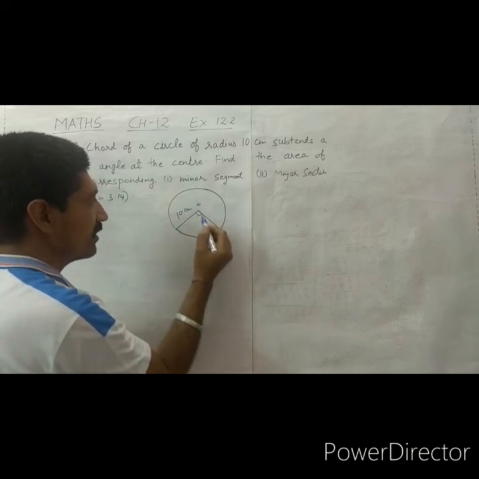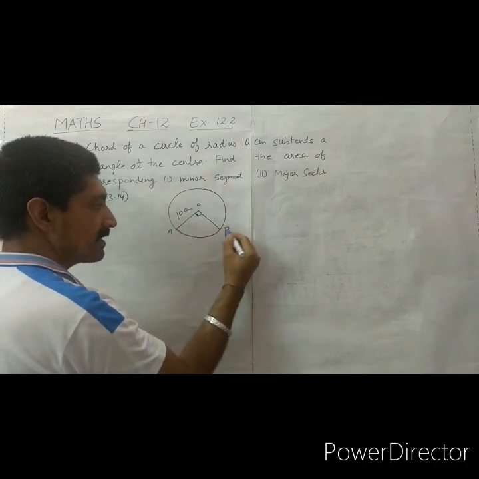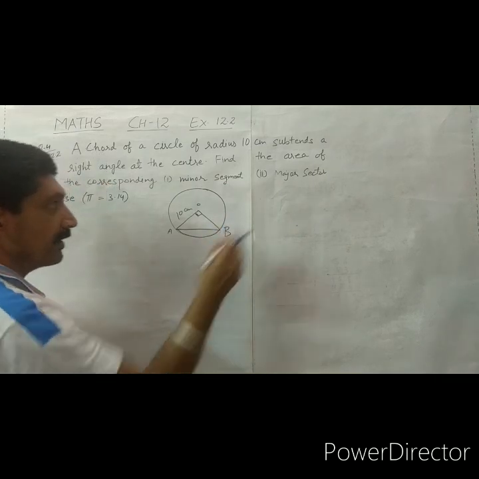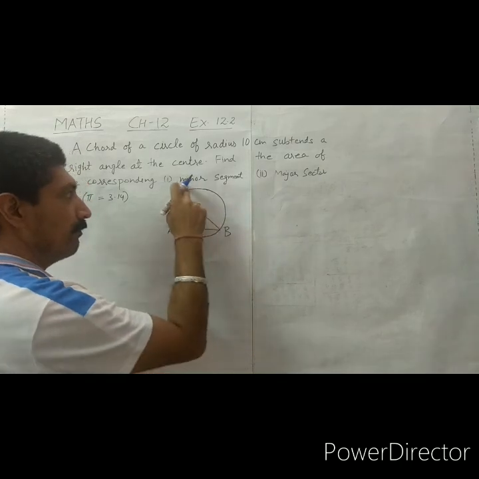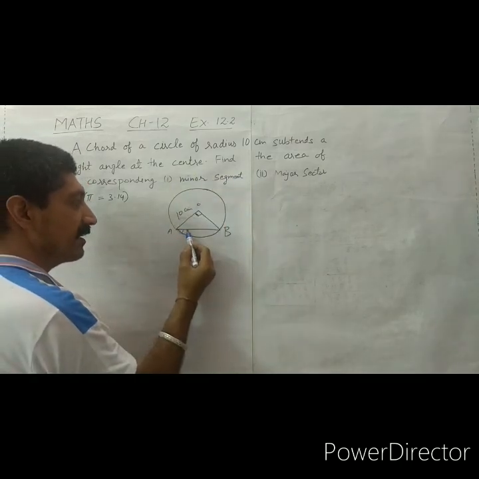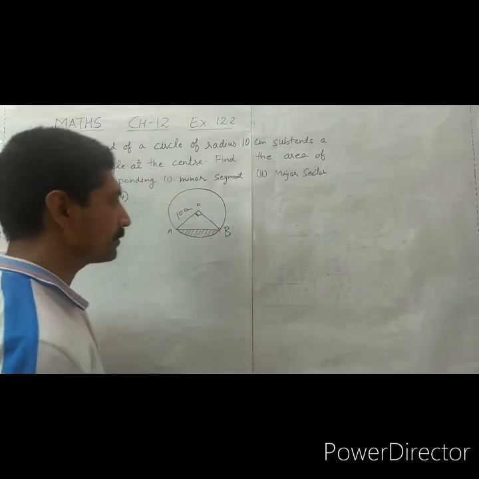This is also 10 centimeter here. Now this is A, this is B here, join A with B. We want the area of the major sector. First, my area of minor segment. The shaded area here, this area is the minor segment.